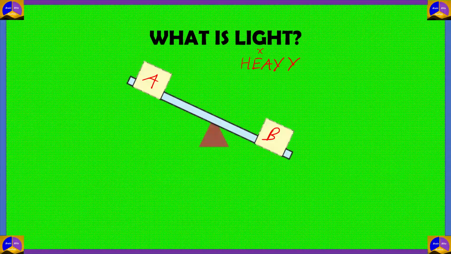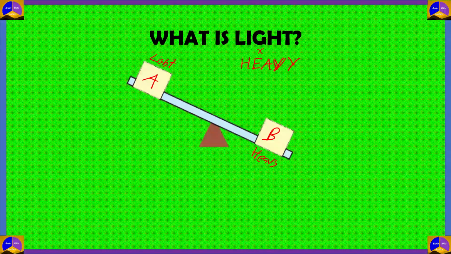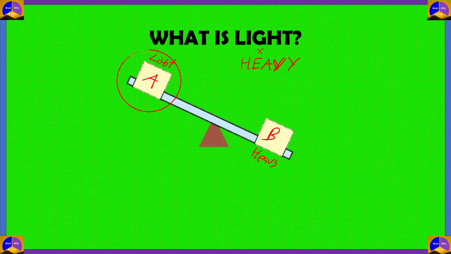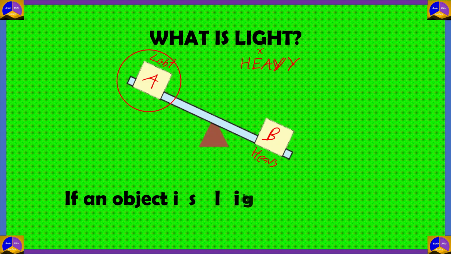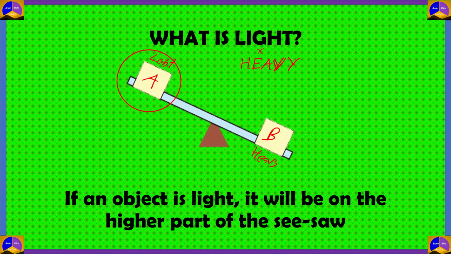And since heavy is in the lower part of the seesaw, that means that light would be in the higher part of the seesaw. So that means that A is light in the seesaw. If an object is light, it will be on the higher part of the seesaw.